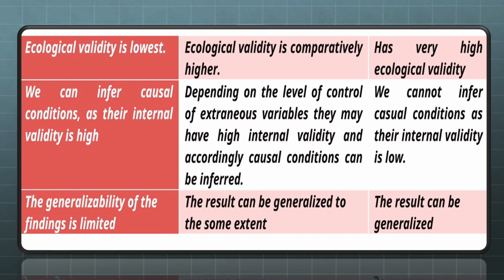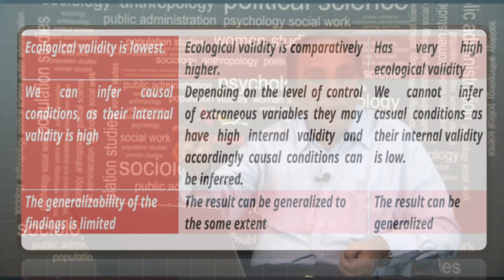The results can be generalized to some extent in the field experiment, but the results can be generalized maximum in field studies. So, generalizability is low in the experiment, limited up to some extent in the field experiment, and in field studies it is the maximum.